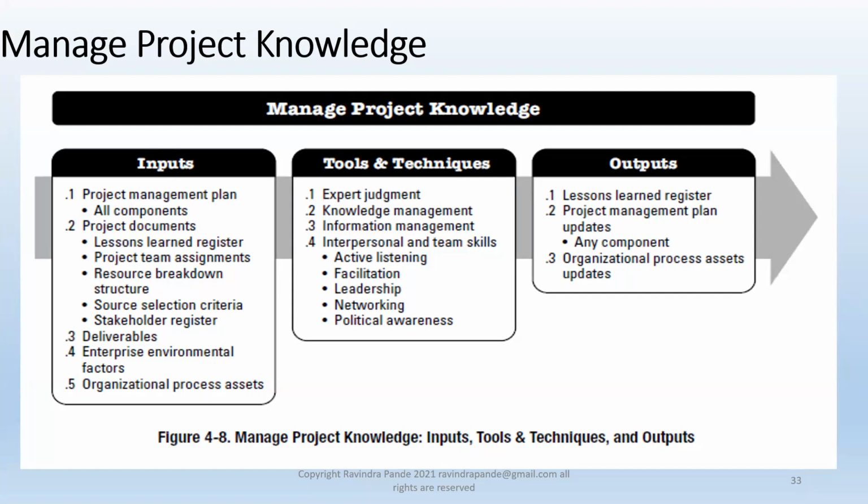Okay, so here normally we consider the knowledge archive from any and all components of a project management plan. Basically, there are a total of 10 management plans, starting with the integration management plan, which is a kind of summarized project management plan. Then we have a scope management plan, schedule management plan, cost management plan, a resource management plan, and so on and so forth. So all these components are considered for manage project knowledge.